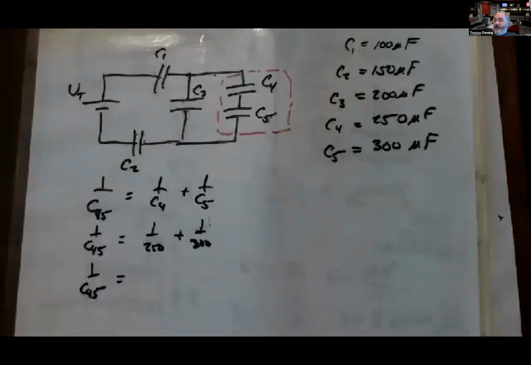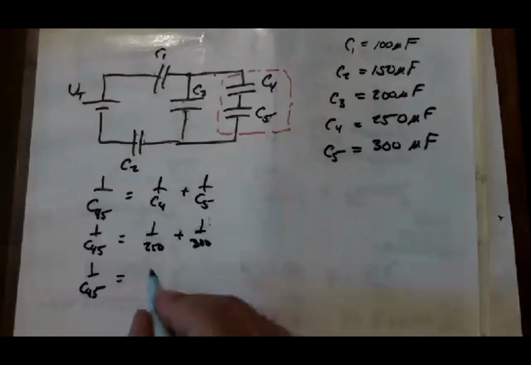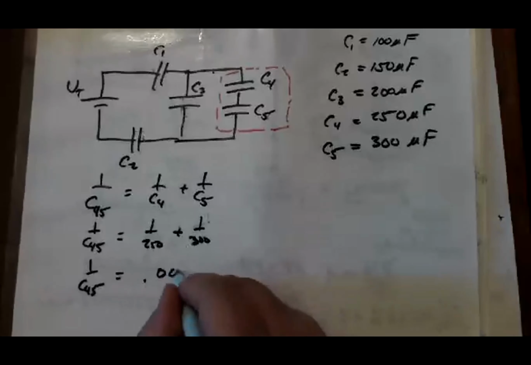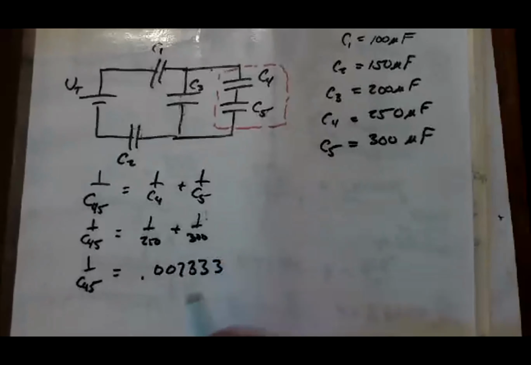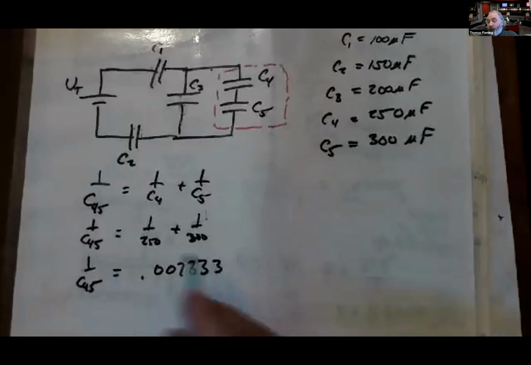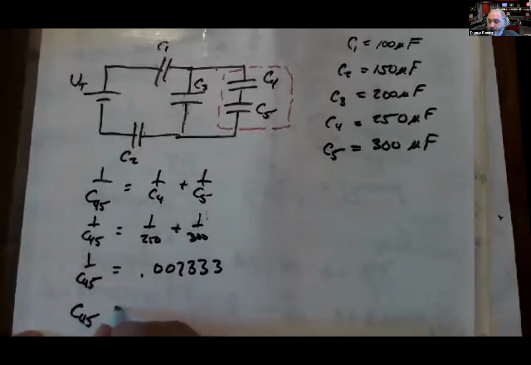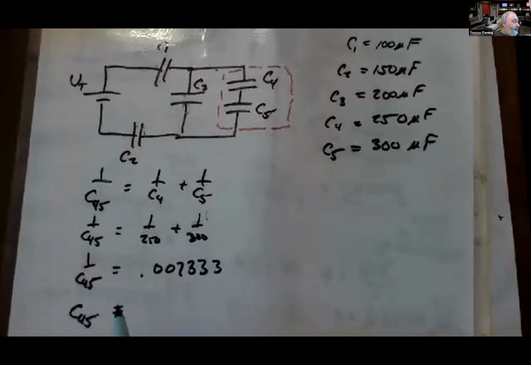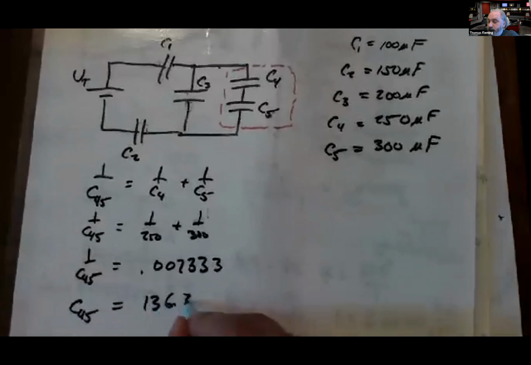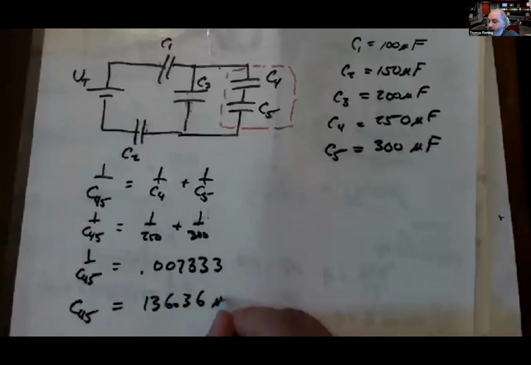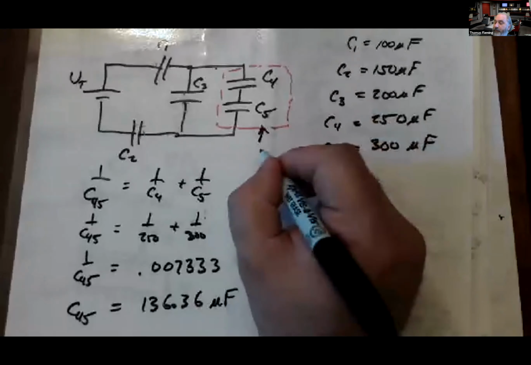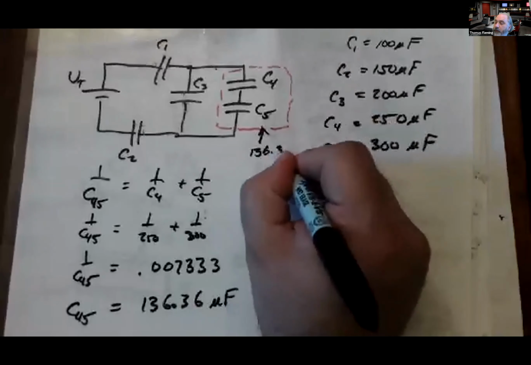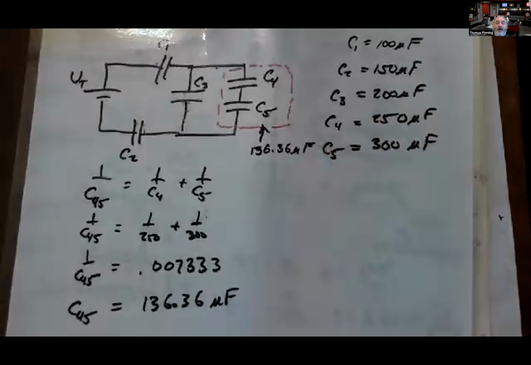Except that's not C total. Then you take the inverse of that, right? Yeah. That's not C total, it's 1 over C total. So I have to take the reciprocal of that, which is 136. So I can imagine that these guys here are replaced by 136 microfarads.